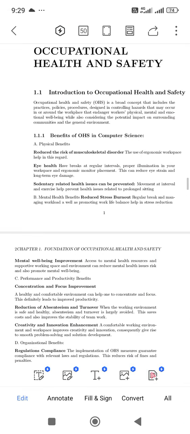Another physical benefit is eye health. Eyes are very important. If you notice, most of us in the ICT field use glasses, and it is mostly caused by radiation coming from the screen.